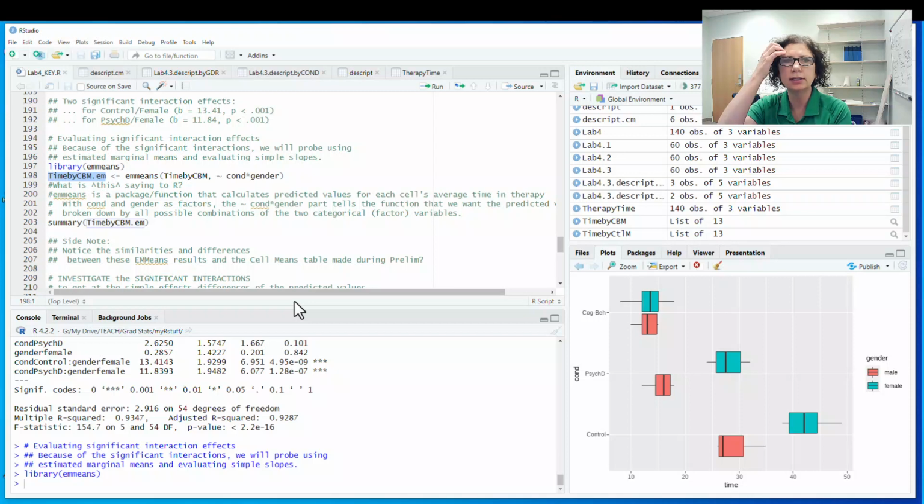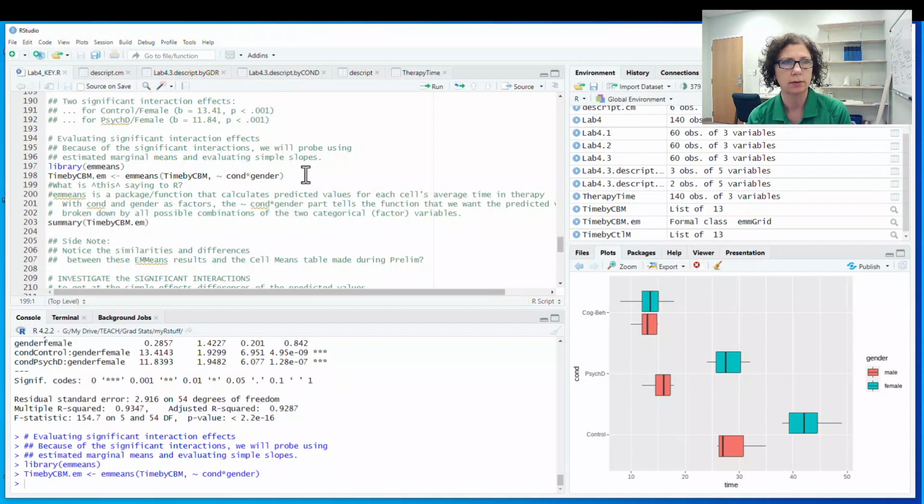Because emmeans is this package that calculates predicted values for each cell's average time in therapy. And also the multiply part tells the function that we want the predicted values broken down by all potential combinations. So that's what we're making first. And let's take a look at it.